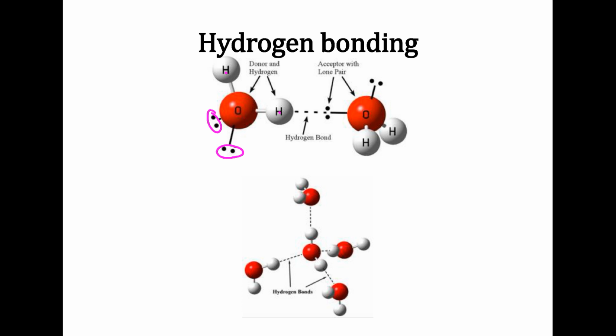But water can interact with more than just 1 or 2 other water molecules. So for instance here, here's a water molecule. This is donating this hydrogen. There's a hydrogen bond. There's interaction between the hydrogen and the lone pair.